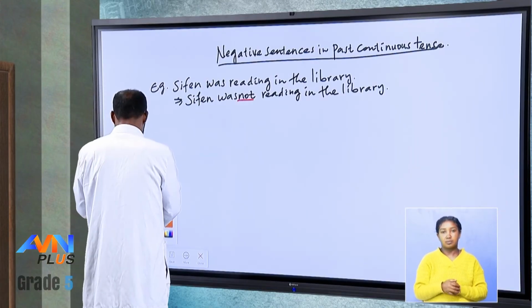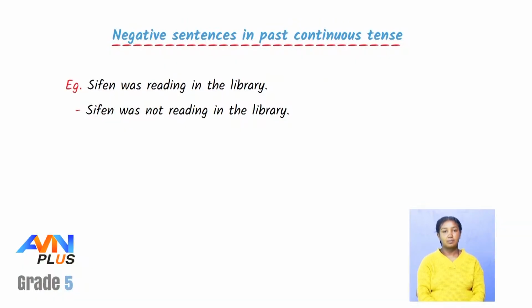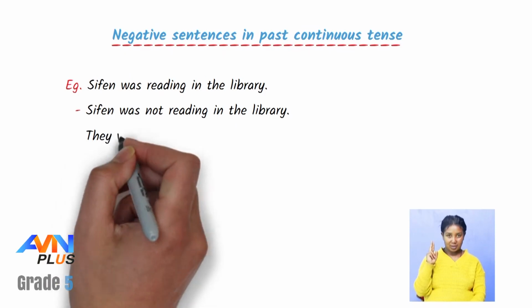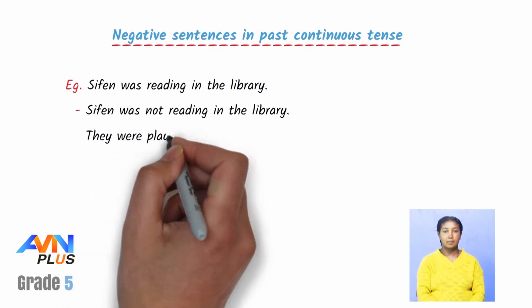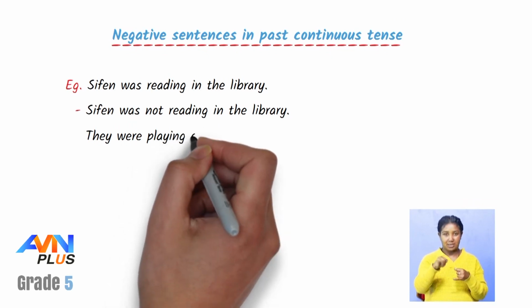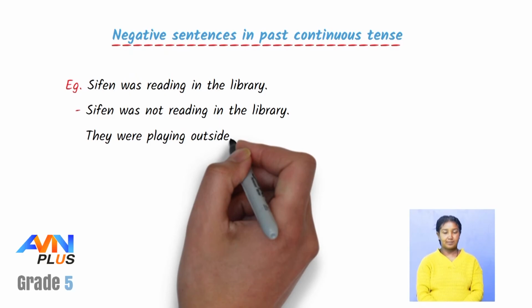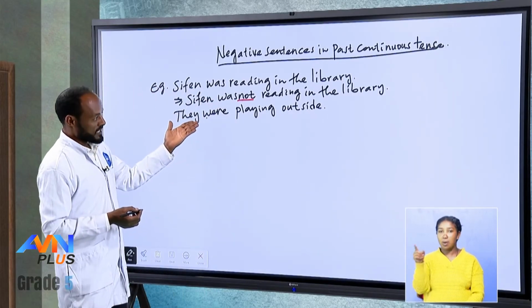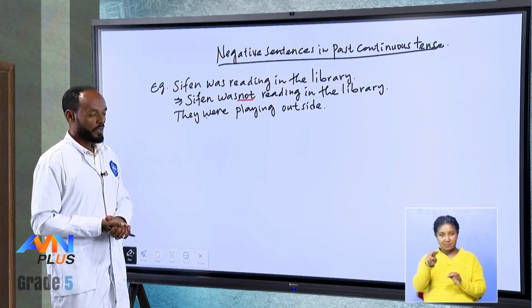So let's go to the next example. They were playing outside. This one is a positive or affirmative sentence. So how can we change this one into negative?